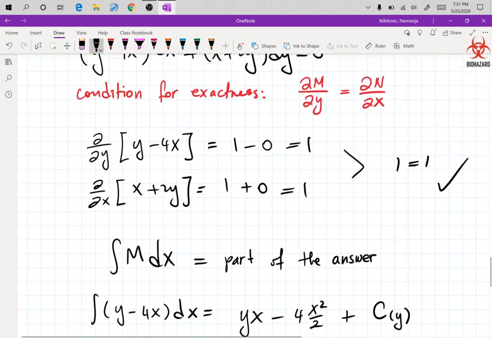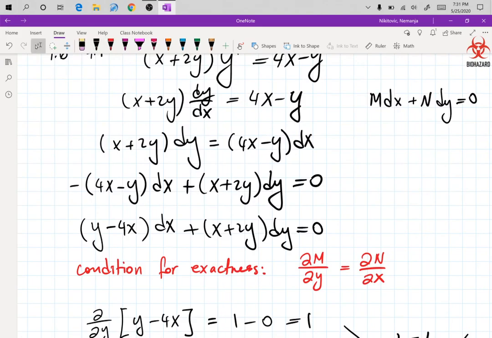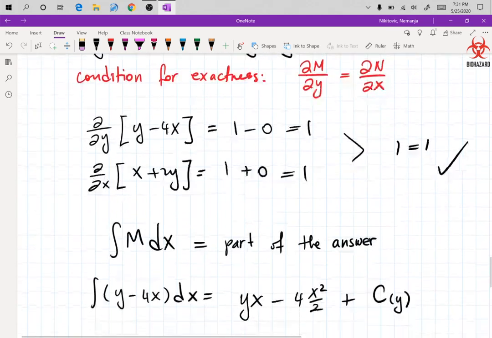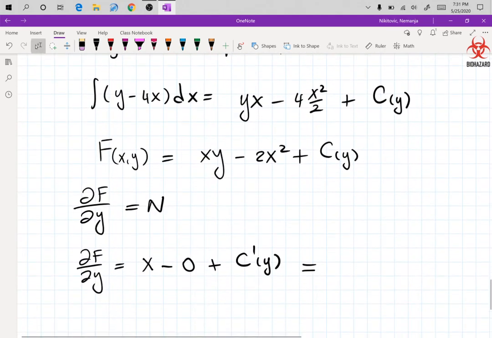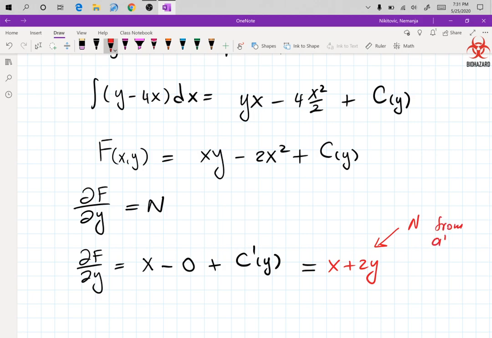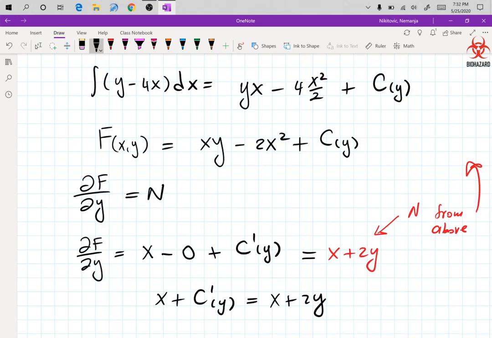Now I have to go back to the beginning of the problem and find that my n is over here, x plus 2y. I'll write that in red. x plus 2y. This is n from above. So the left-hand side of this equation, which is x plus c prime of y, is from our derivative, and the right-hand side is from n above.